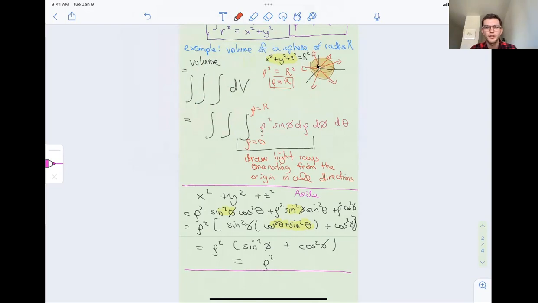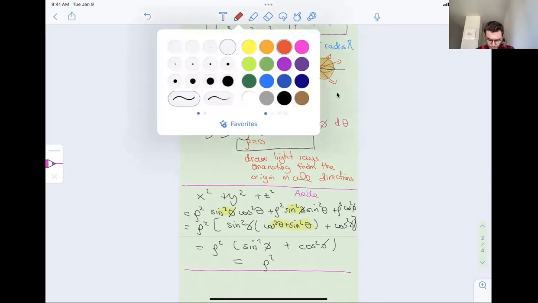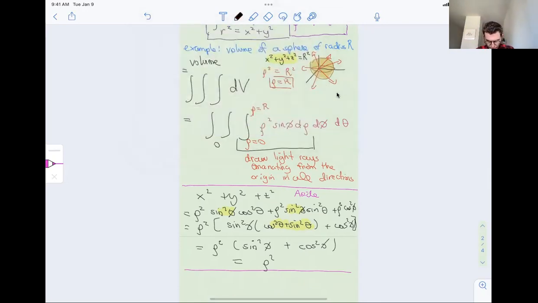You have to draw arrows at angle 0, and in all directions, because it's a sphere. So you need to go from 0 to pi for phi, because the arrows are being drawn along the z-axis, along the equator, along the negative z-axis, everywhere. That's why the bounds for phi are from 0 to pi.